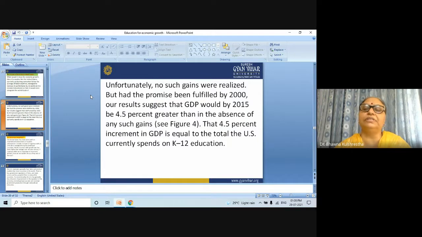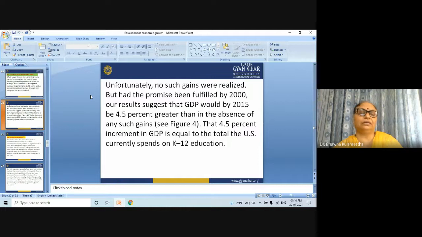In other words, had that money effectively raised cognitive skills by the 50 test points that would have brought the United States close to world leadership, the economic returns to the country would probably have been enough to cover the entire cost of the education in 2015 and after.